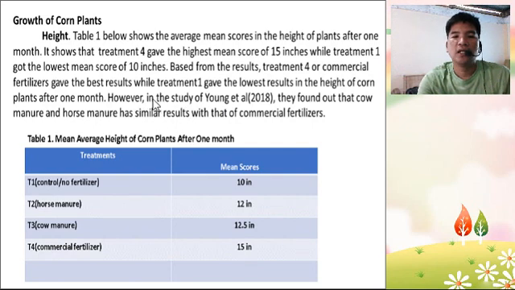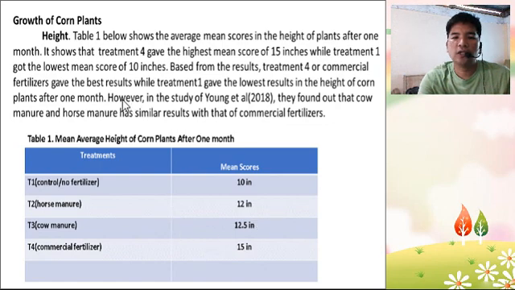Okay, because it supports or contradicts the result of your present study. So it says here they found out that cow manure and horse manure has similar result with that of commercial fertilizer, which is different from the result of your study because as you can see in your study, the commercial fertilizer has a very much higher result compared to horse manure and cow manure.